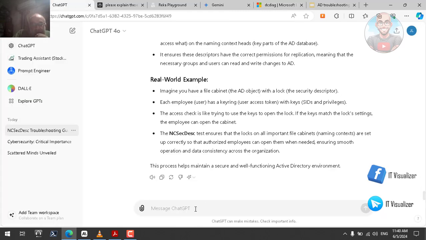So let's go there and explain this text, these two texts.